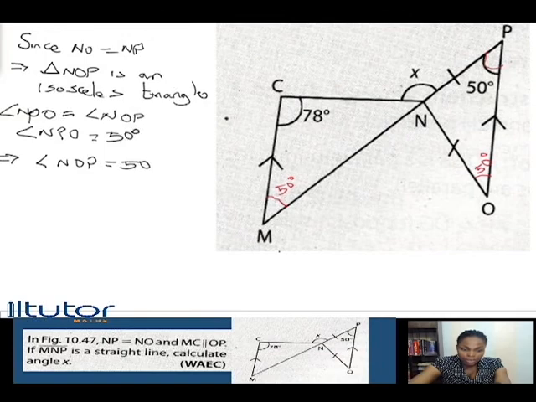Look at this. MCN is a triangle. This angle and this angle are the interior angles of this triangle, and both of them are opposite to this exterior angle. This angle is outside the triangle, so the sum of these two opposite angles is opposite to this X.